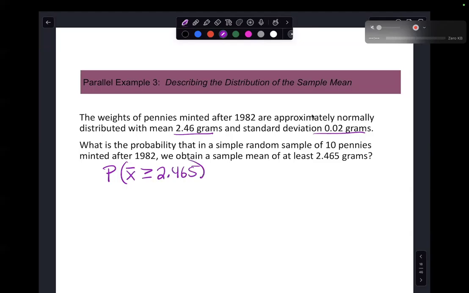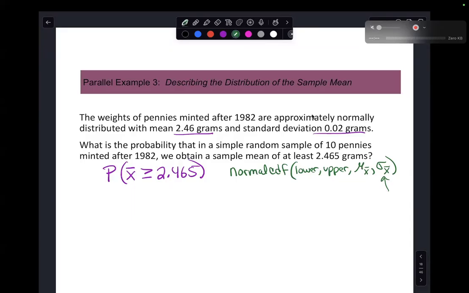When you are doing these problems with the sampling distribution of the sample mean, you're going to use normal CDF: lower, upper, our mean, and our new standard deviation. All the numbers are going to be the same except for this one, and use the new standard deviation.